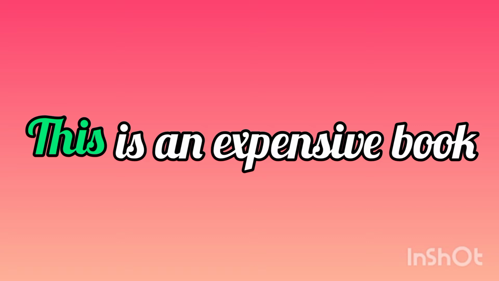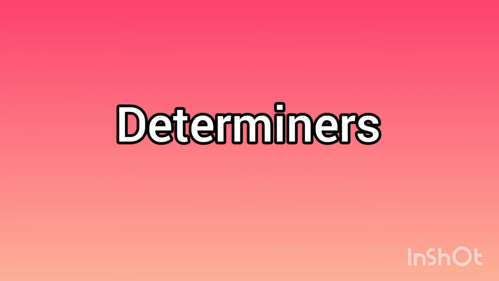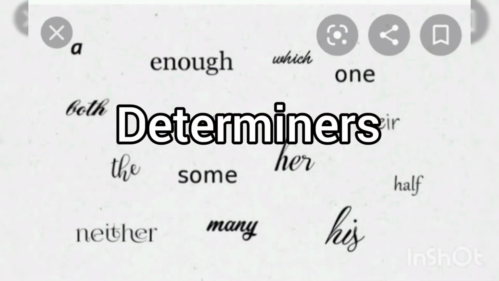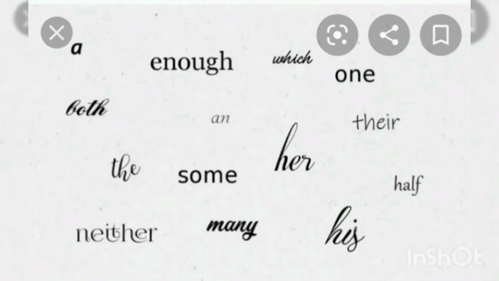So, determiners are a class of words which are used just before nouns or noun phrases in the sentence to modify their meaning.